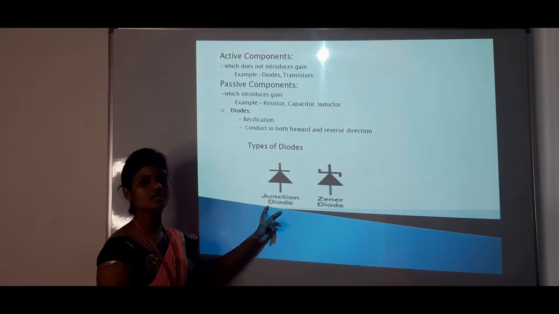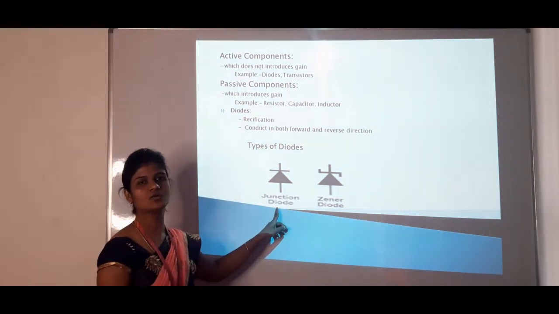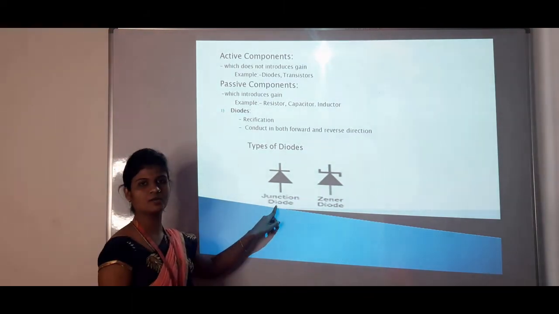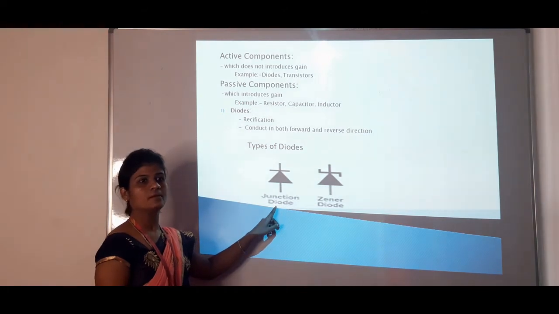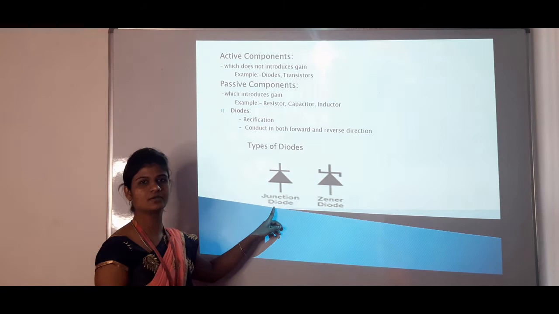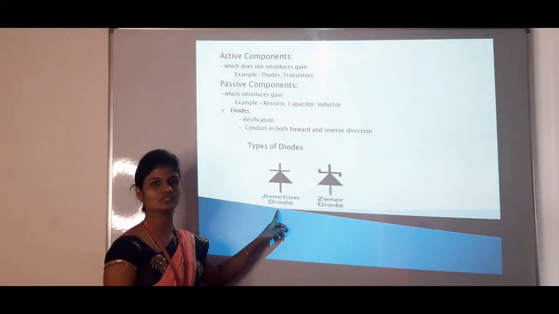This junction diode can conduct in forward as well as reverse direction. When the diode is forward biased, it breaks the voltage up to 0.7 volt. That means its breakdown voltage is 0.7 volt.